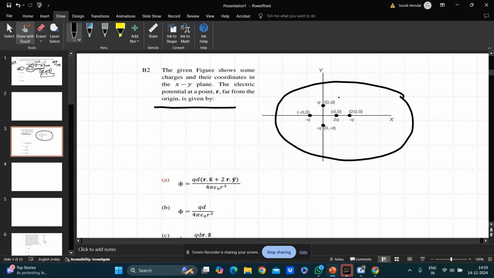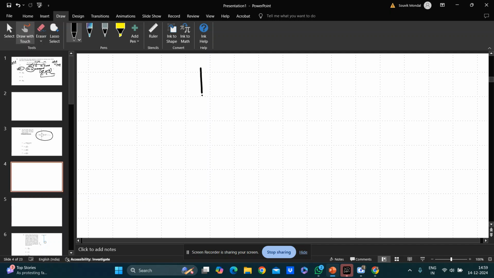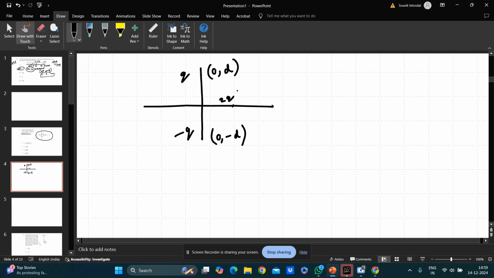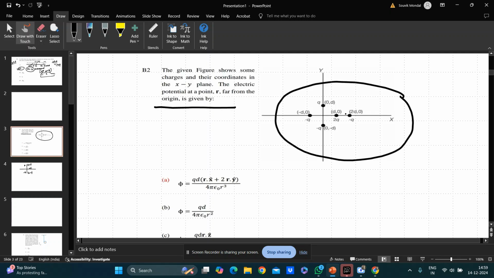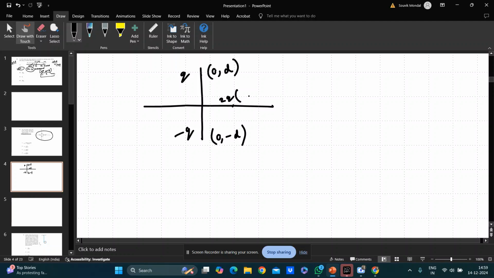Okay, so here is the configuration. I will draw it again here. Here is q, at (0, d). Here is minus q, at (0, minus d). Here is a charge 2q at (d0, 0).